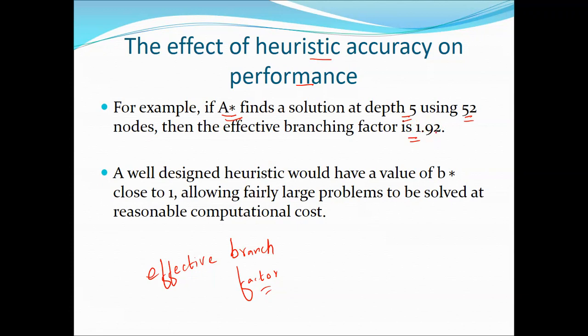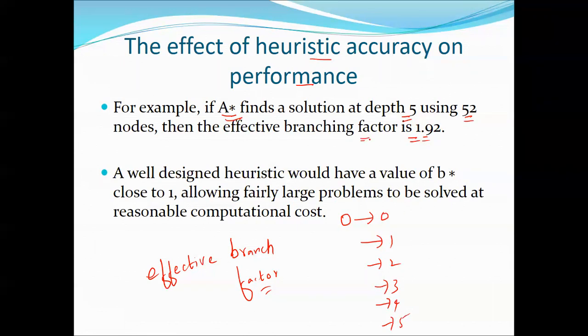So how we got this value 1.92: it's depth 5, and we are considering the root node as 0. So apart from the root node, 1, 2, 3, 4, 5. Okay, so basically it is 6.